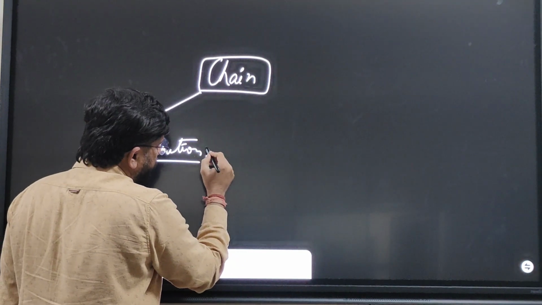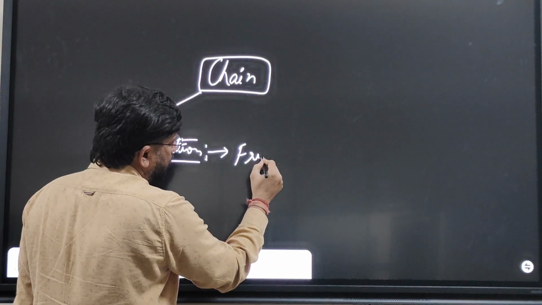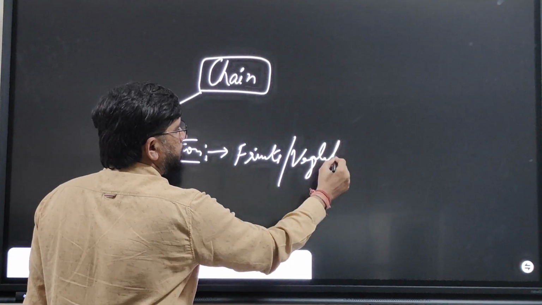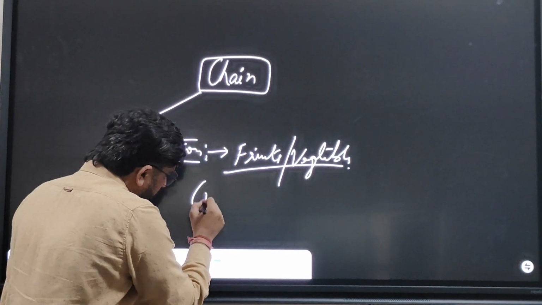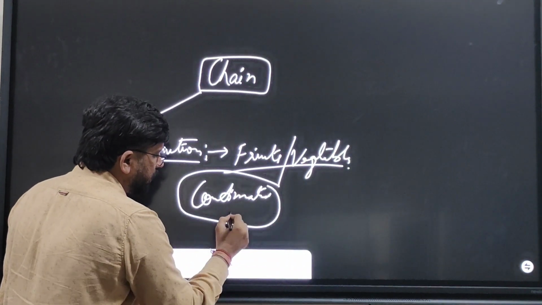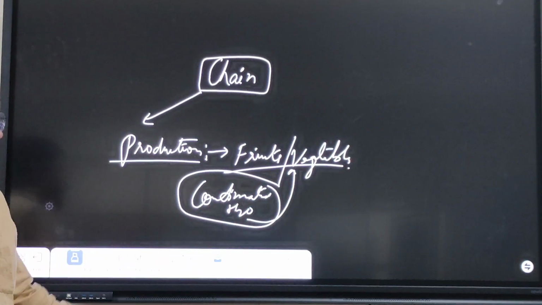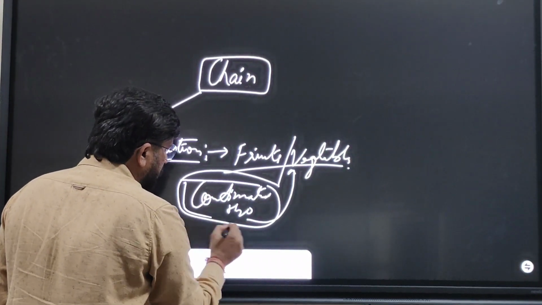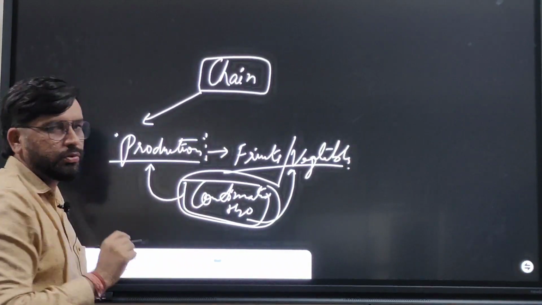In this production process, for example, if you are growing fruits or vegetables and you are using contaminated water, then this contaminated water can add pathogenic microorganisms to your fruits and vegetables. Hence, this comes under the production process.